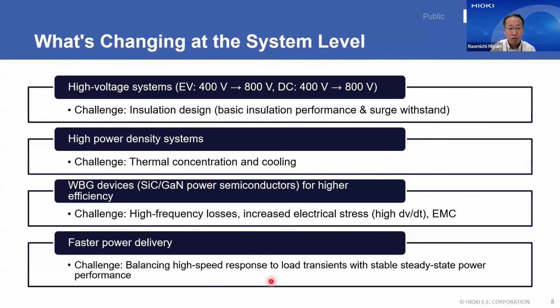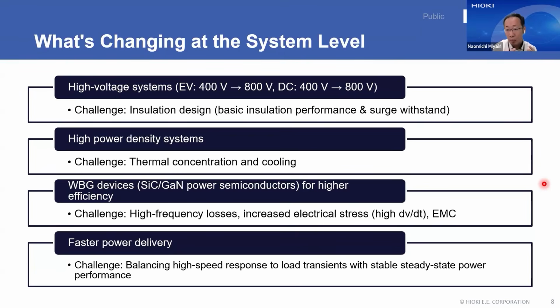So fourth, the demand for faster power delivery. AI computing creates load transients of hundreds of amperes within nanoseconds. The challenge is achieving both high-speed transient response and stable steady-state power performance.